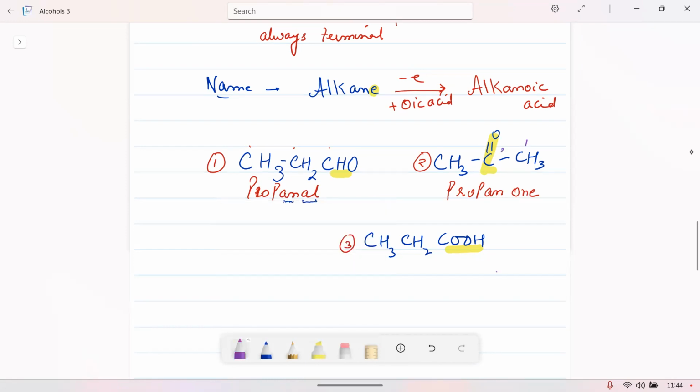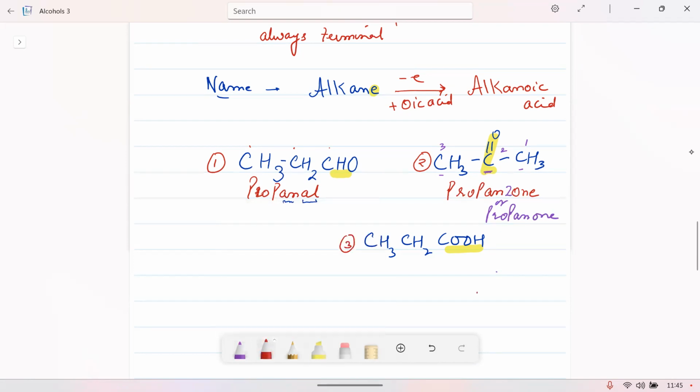Like here, this is 1, 2, 3. So if I need, I may write it. Otherwise, it is not important because there is no other possibility. No other possibility means this cannot come to the first position or the third position because it cannot be terminal. So even if you write it as propanone, it is still correct.